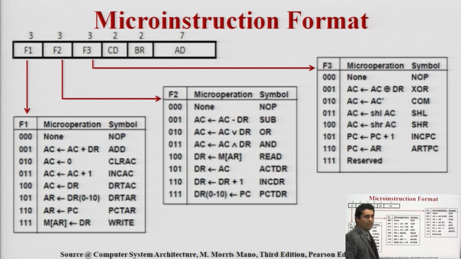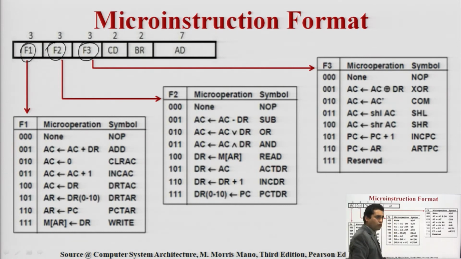So if I magnify on these 20 bits, the first 3 columns are F1, F2 and F3. These are the categories of the functions which are written in the control unit. So these functions basically perform the task, and these functions are 20 in count. As I said, the first 3 columns are reserved, so these are of 3 bits.